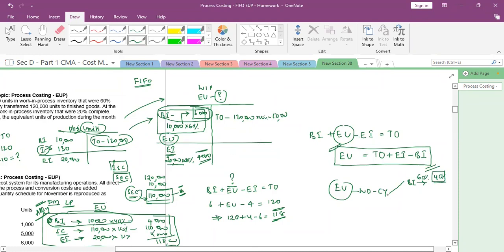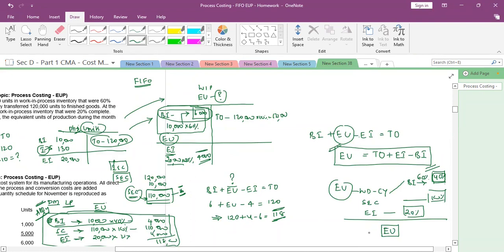And then started and completed, that is 100% we are considering. And then ending inventory, how much work done, that 20%. Beginning inventory is the same in both cases, sir. Yes, same is same. So here we are calculating equivalent units.